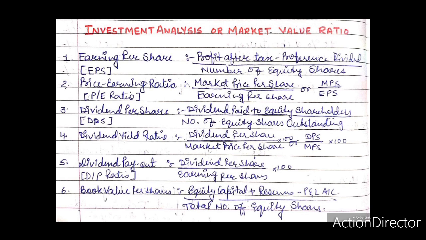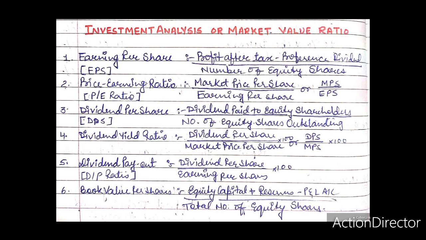That is why many investors, while purchasing shares, do not consider any factor other than this. A higher price earning ratio is the indication of overvaluation of share, or vice versa. This ratio is used in determining the future market price and rate of capitalization of a share.